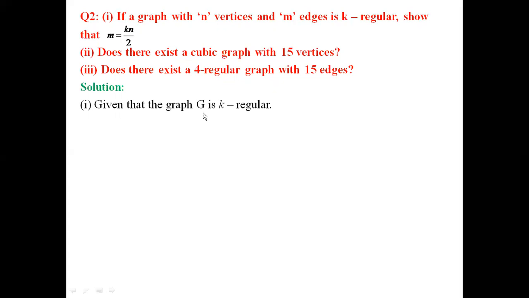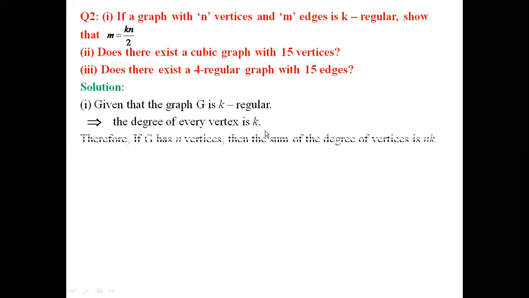Given that the graph G is k regular, it is given in the first part of the problem that the graph is a k regular graph. Then the degree of every vertex is k. Therefore, if G has n vertices, then the sum of the degrees of the vertices is n into k.